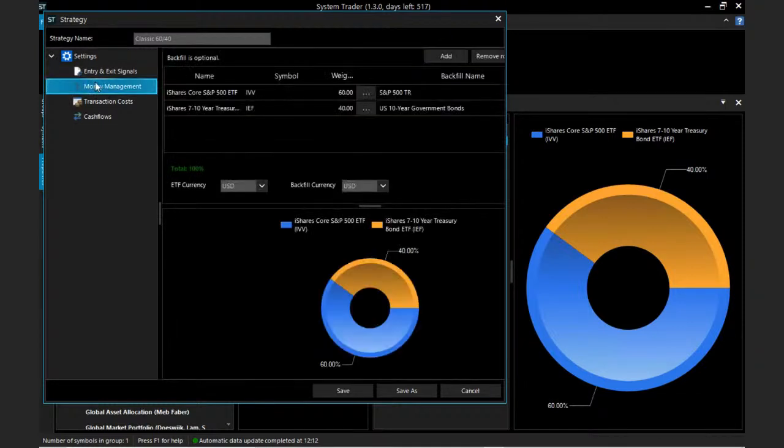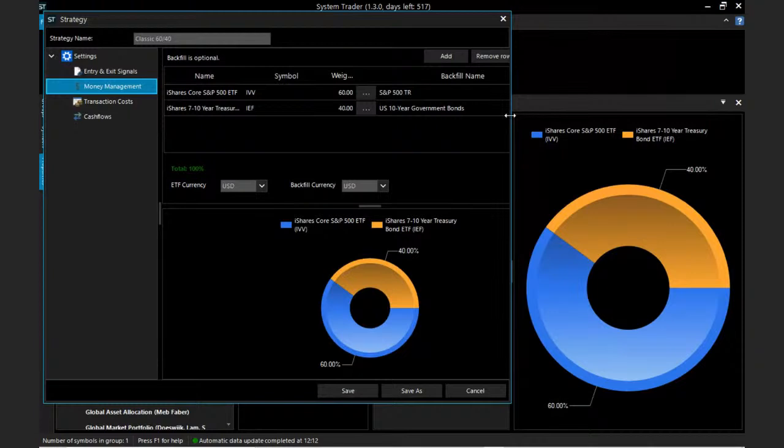You can also decide what are the components of that portfolio. Like here, we have only 2 ETFs, and we have also the backfill data, which is allowing us to go further than the ETF would allow us to go. We can also express or convert our portfolio to different currencies.